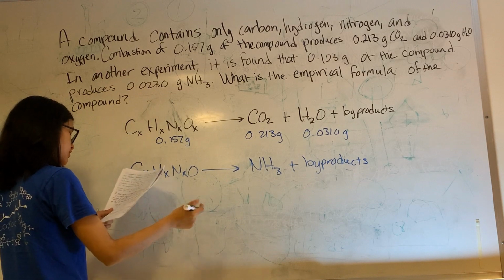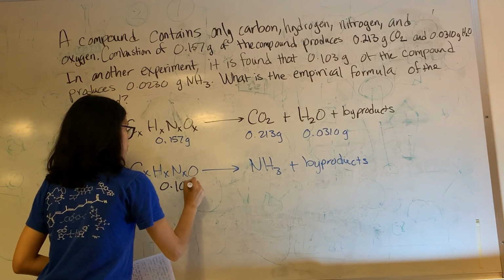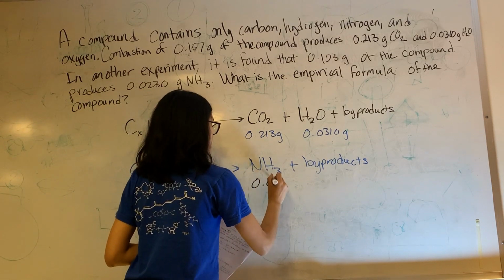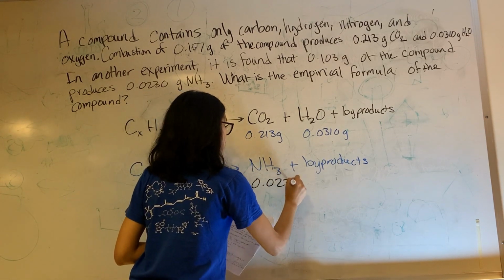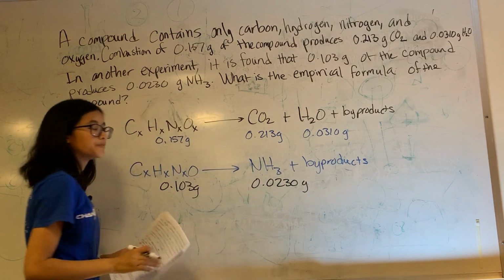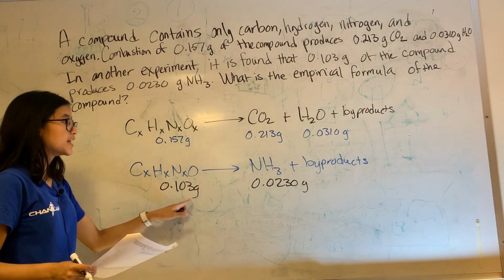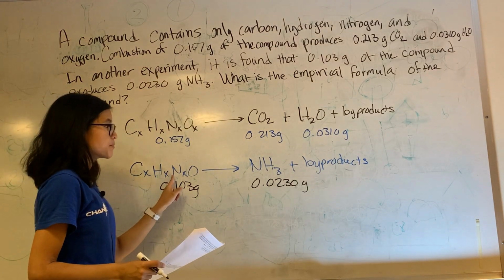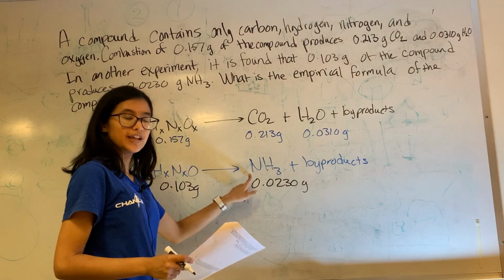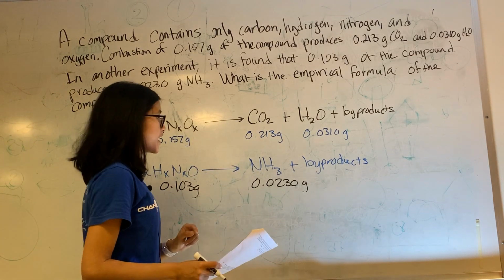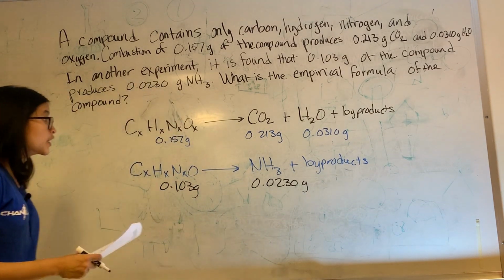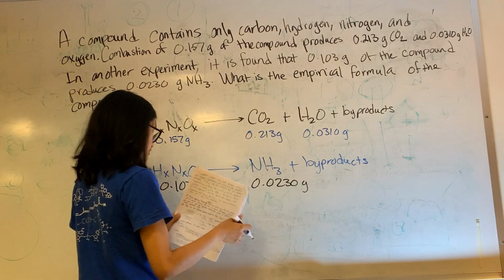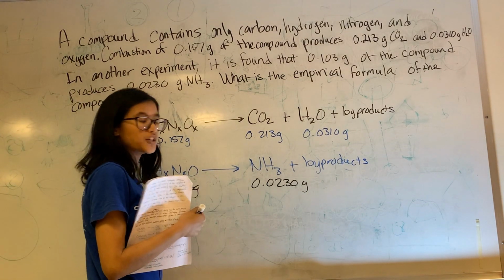So we've got 0.103 grams of our mystery material, and it's going to 0.0230 grams of ammonia. And in this case, you're assuming that all the nitrogen from this mystery compound ends up in the ammonia at the end of the reaction. Okay? So we're going to think about these two reactions separately and find the mass percents for each atom.